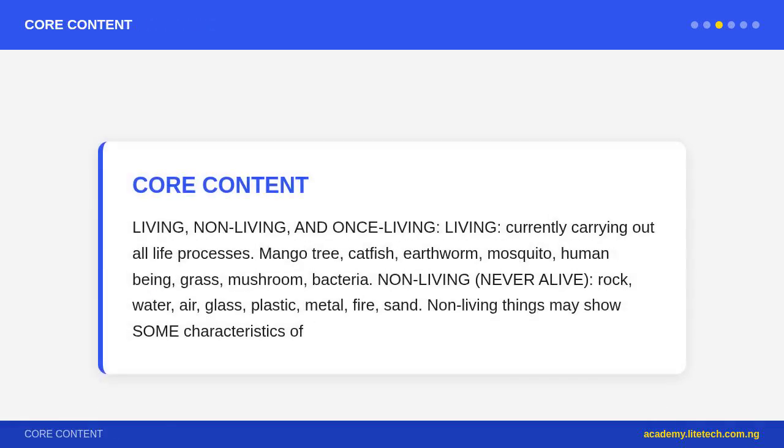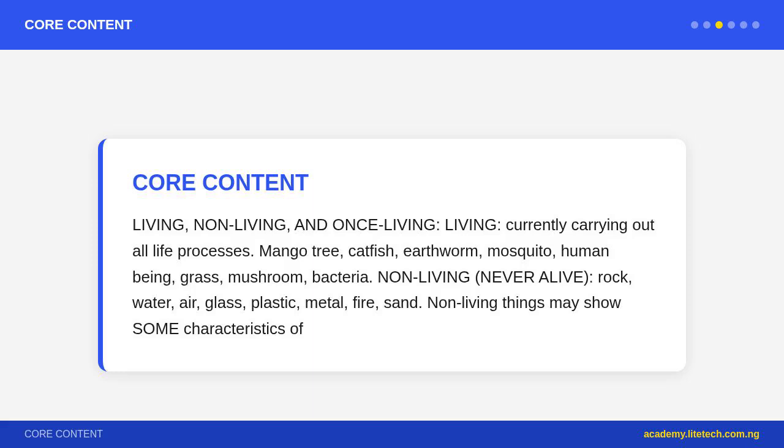Living, non-living, and once living. Living: currently carrying out all life processes. Examples: mango tree, catfish, earthworm, mosquito, human being, grass, mushroom, bacteria. Non-living, never alive: rock, water, air, glass, plastic, metal, fire, sand.